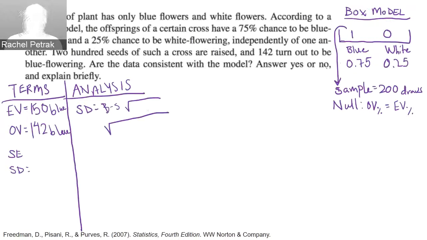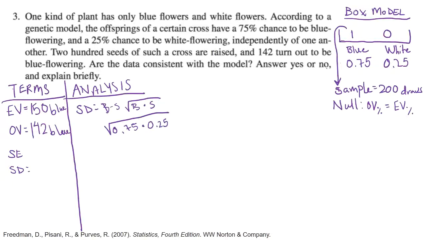So I'm just going to proceed down to the part that matters, the proportion of bigs times the proportion of smalls. And we end up with a standard deviation of 0.43.